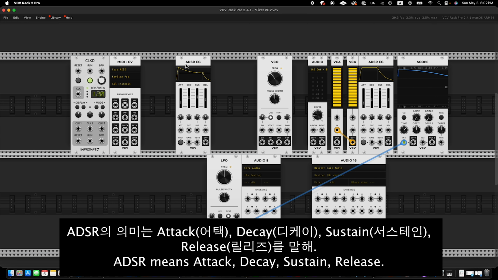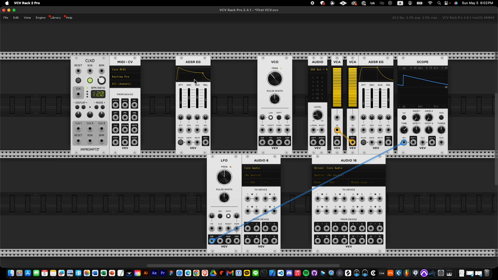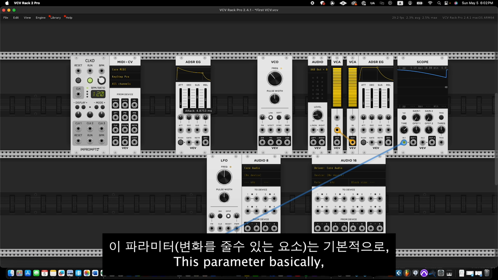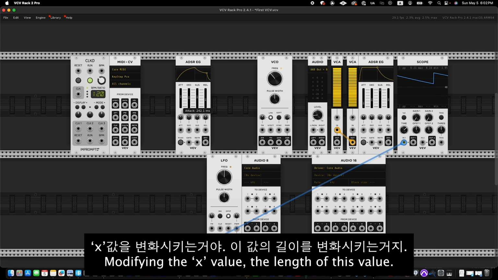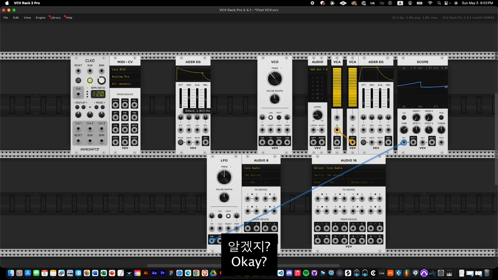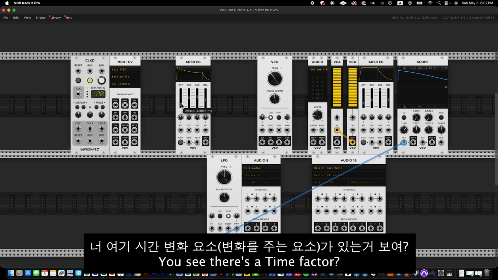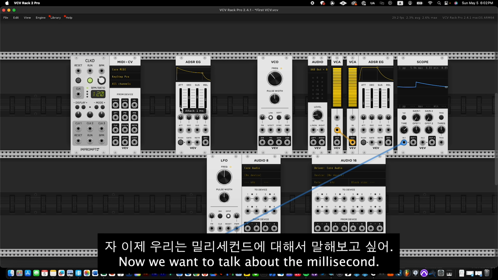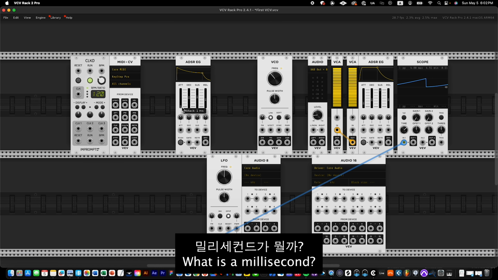ADSR means attack, decay, sustain, release. This parameter basically modifies the x value, the length of this value. You see there's a time factor. It's a millisecond, right? What is a millisecond?